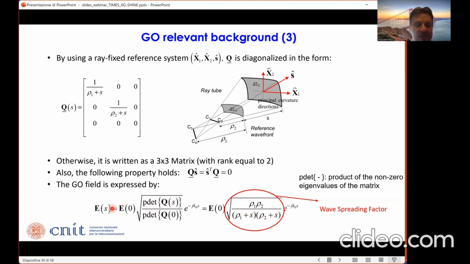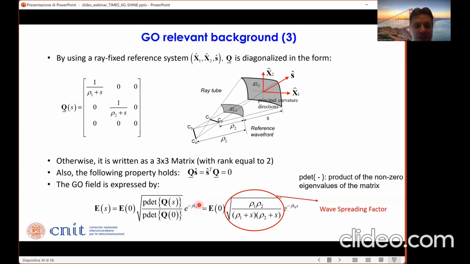So in the end, the electric field along a ray can be expressed in this way as a product of the electric field at a reference point having coordinate s equal to 0 multiplied by the square root of this ratio, which is the ratio of the pseudo-determinant of the Q matrix at a point on the ray with local coordinate s and the pseudo-determinant of the same matrix at the reference point s equal to 0.